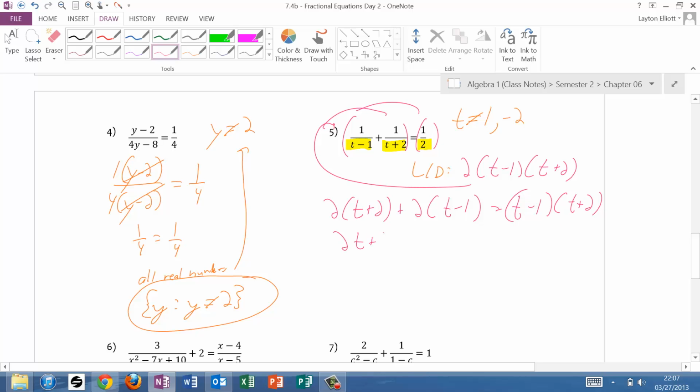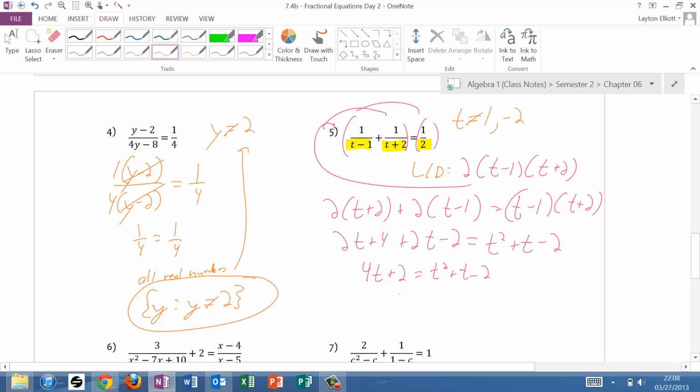So 2t plus 4 plus 2t minus 2 equals, and then we're going to FOIL this, t squared plus 2t minus t gives me plus t, and then minus 2. Let's simplify the left side first. 4t plus 2 equals t squared plus t minus 2.